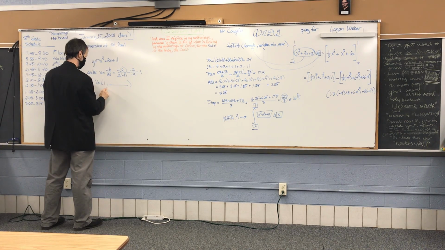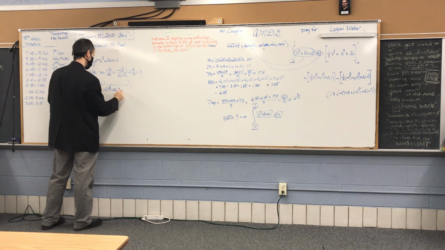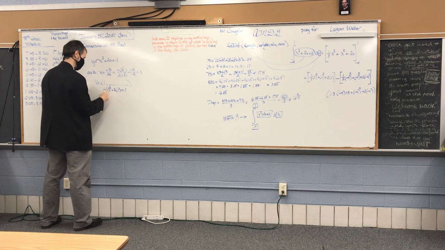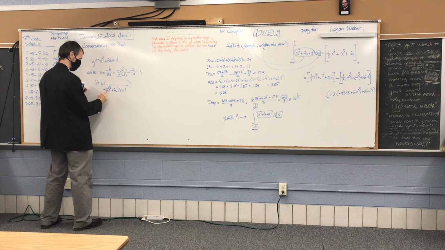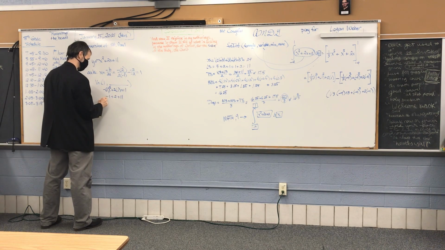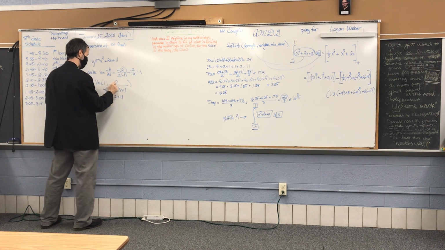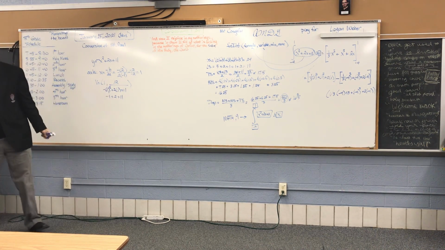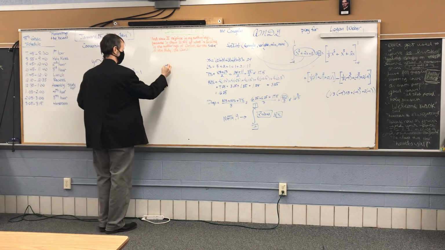Negative, parentheses, 1 squared, plus 2 times 1, plus 11. This will be, 1 squared is 1, times -1 is -1, plus 2, plus 11. This is 12. So 1 comma 12. So you have to go up to a height of 12 to graph this thing.